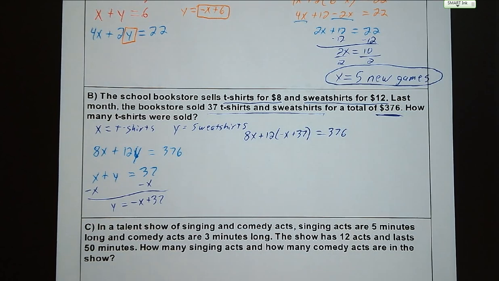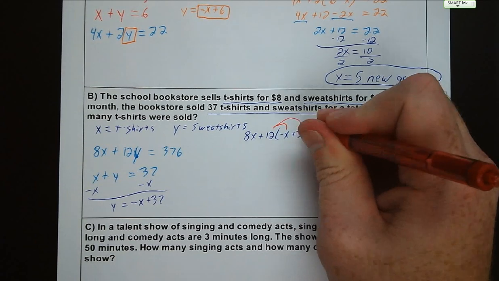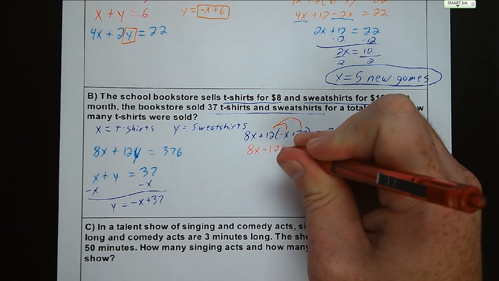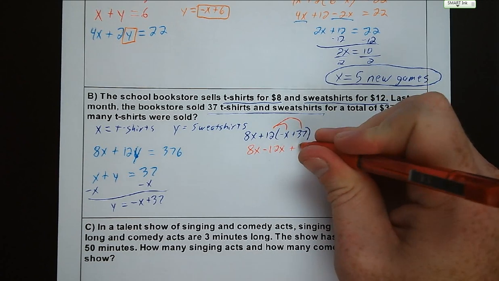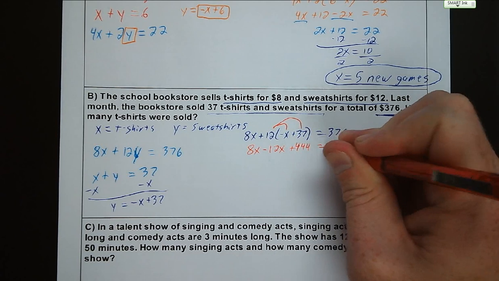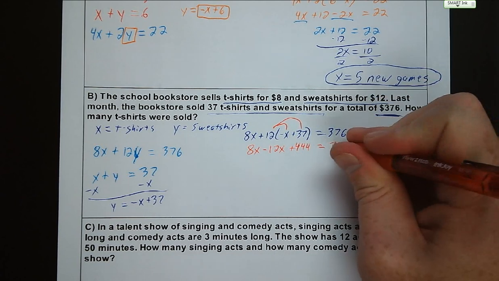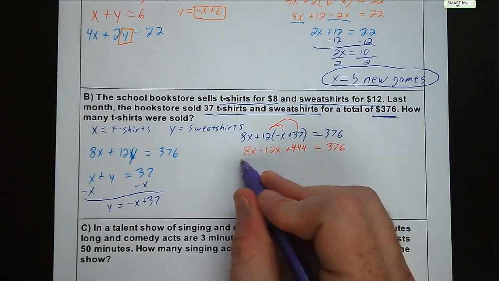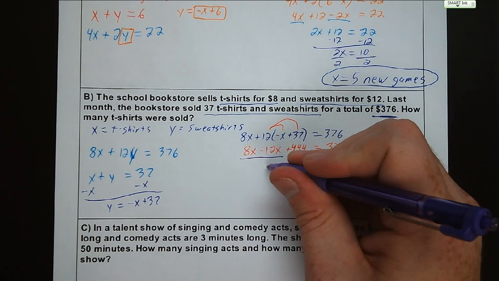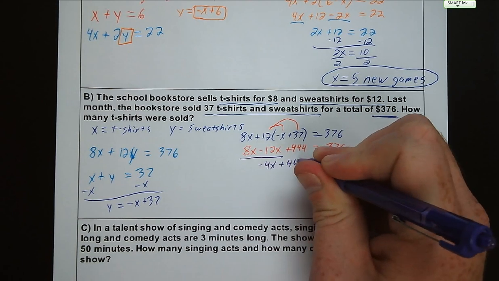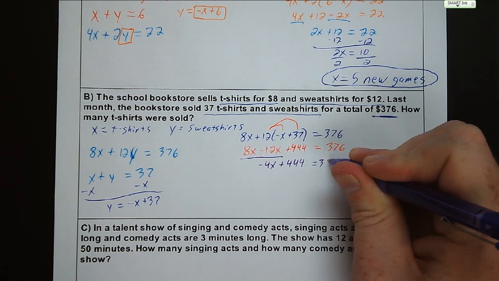Distribute 12 times negative X, 12 times 37, so we have 8X minus 12X plus 444 is equal to 376. Next step, combine like terms. 8x minus 12x is negative 4x plus 444 equals 376.